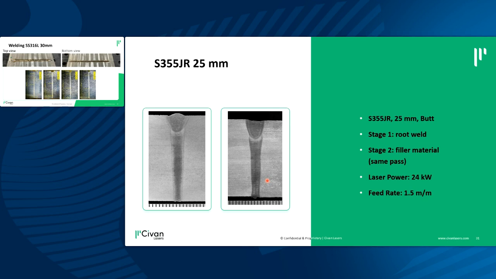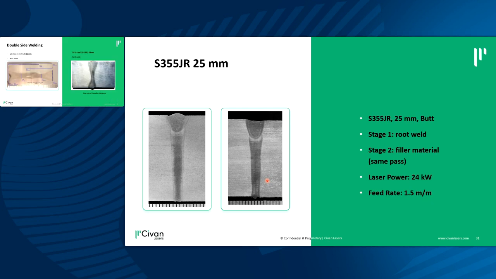And if our specific application is capable of a double side weld, then we can reach even thicker parts. What you see here is a double pass weld using 24 kilowatts, reaching 45 millimeter penetration. And this is a 60 millimeter double side weld using approximately 60 kilowatts.